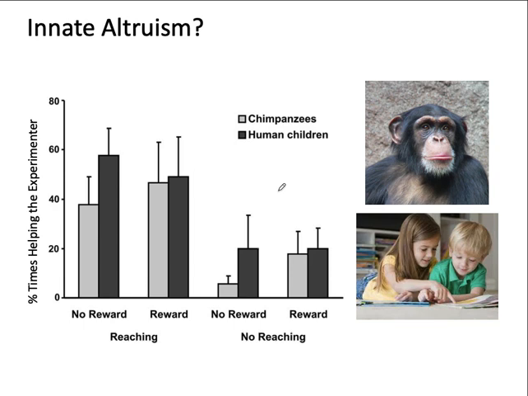So humans are, according to this study, more cooperative and more altruistic than chimpanzees. And it's considered an altruistic behavior in this case because there's no reward, right? It costs the kid a few seconds of effort to help the experimenter pick up a thing.